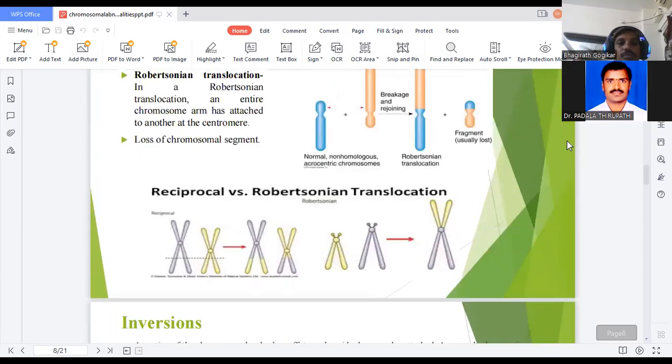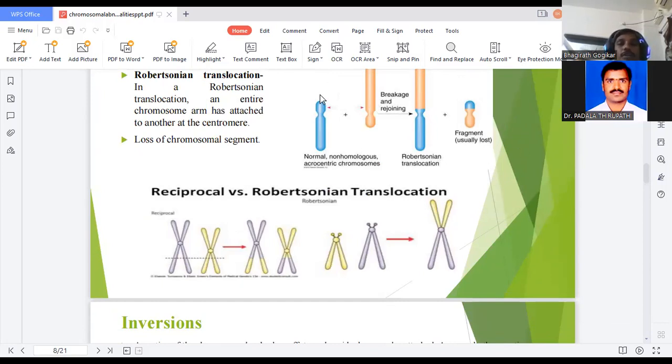Yes, sir. Okay. So another one is a Robertsonian translocation. In this case, this is the normal chromosome. This is the non-homologous acrocentric chromosome. What is this? Acrocentric chromosome. So in this place, it will be cut and this part will reunite to this non-homologous chromosome.